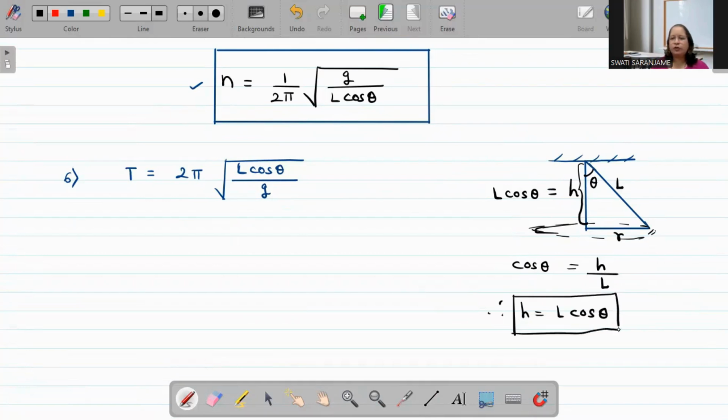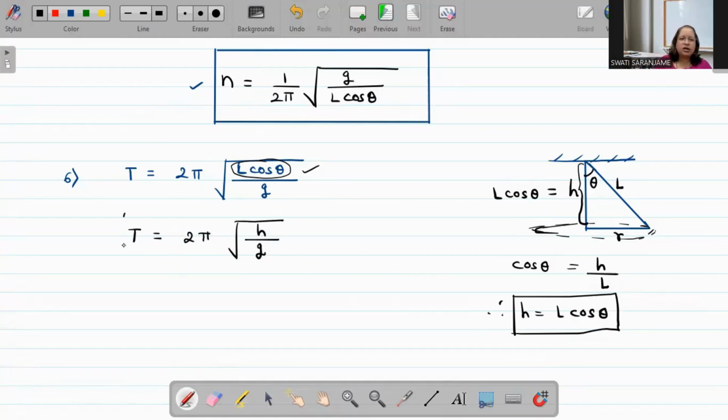If you use this in the expression for periodic time, for this term, then we have a formula of T in terms of vertical height also. Simply replace this L cos theta by h. So T is equal to 2 pi under root h by g.